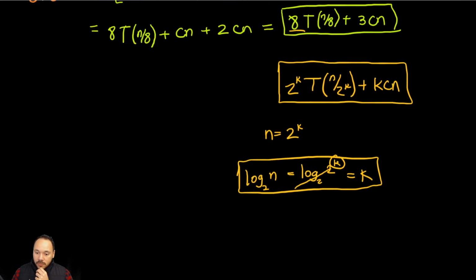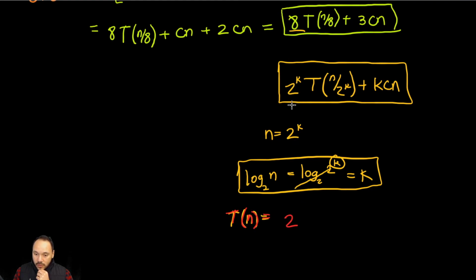And now let's replace that. Let's replace, so we have the T of n that we have on the top. Let's put it in red. T of n is equal to what?